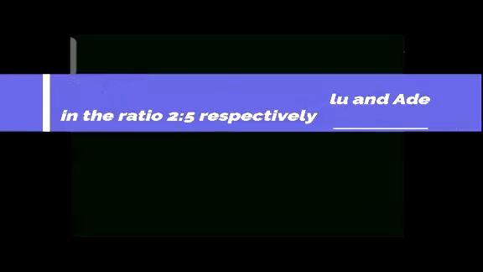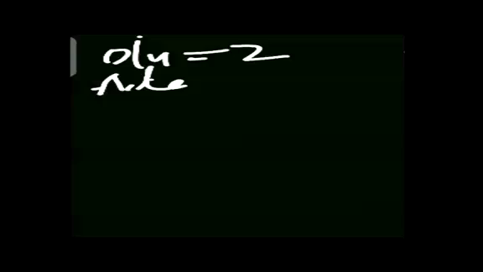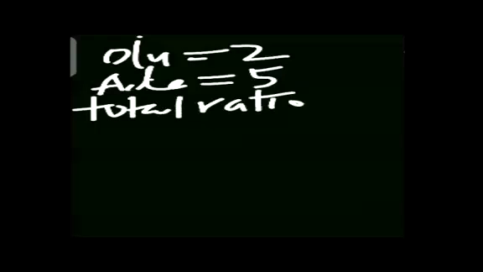This means that Olu has a ratio of 2 and Ade has a ratio of 5. We now have to divide 35. Actually, there are 35 oranges we want to share between the two of them. The first thing is, what is the total ratio? The total ratio is 2 plus 5, which is 7.